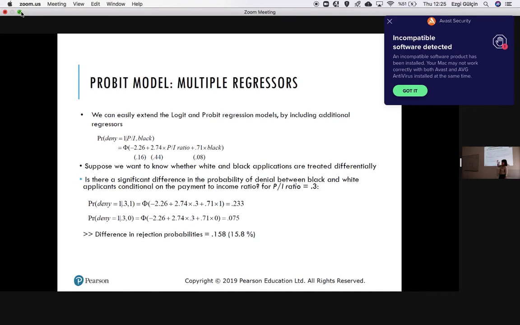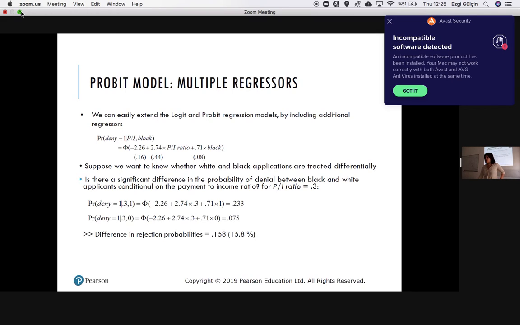These are numbers we can compute, and then we take the tables and we find that the area under the normal distribution at the specific value of z is equal to 0.23 and 0.07 for the case of a black person or a white person. Then the difference is equal to 15.8%. So this means being black leads to being denied more.